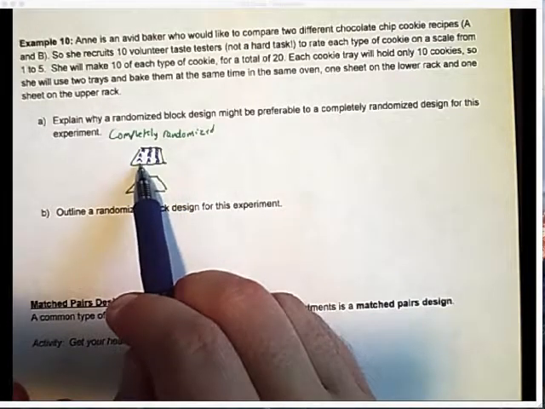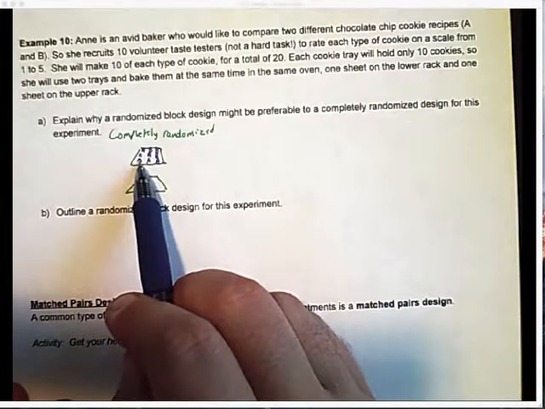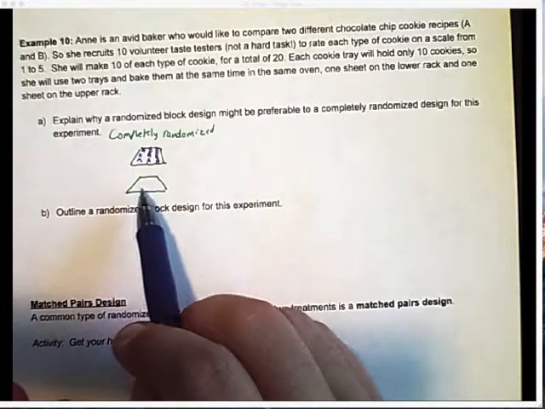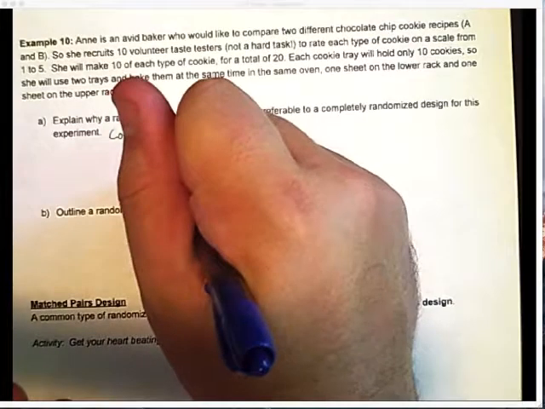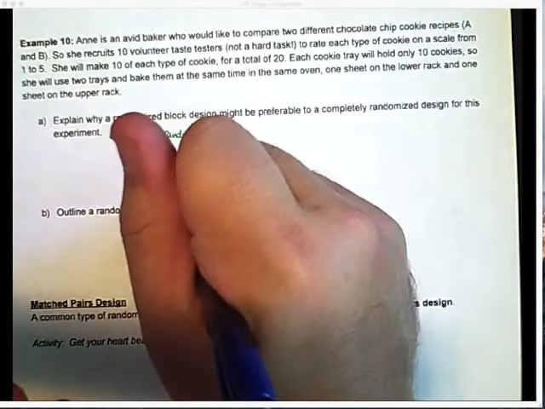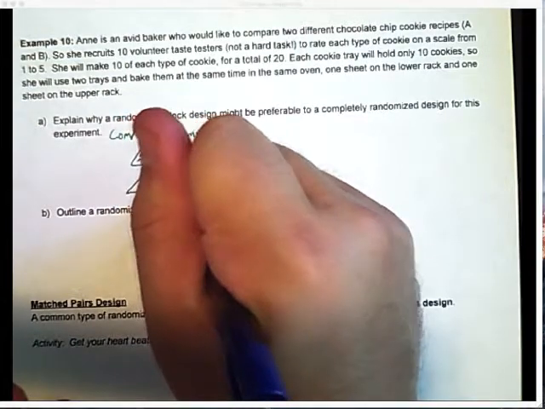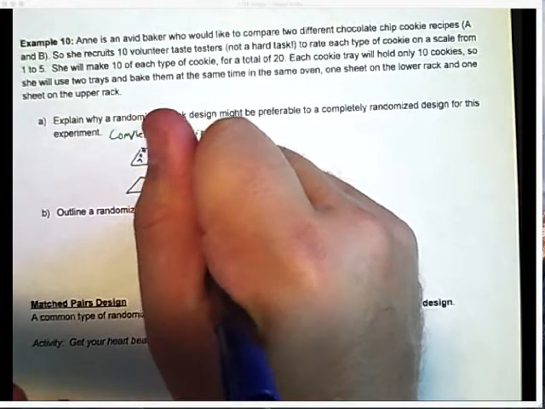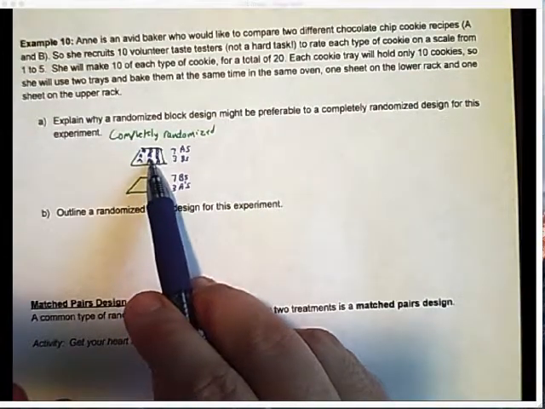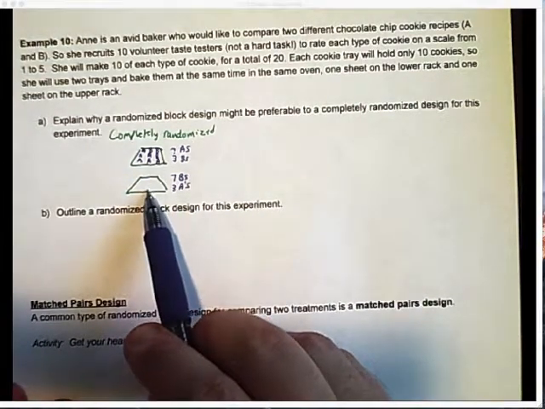If it comes up heads, we'll put A there, and if it comes up tails, we'll put B there. If we do completely randomized, you could have like 7 A's on the top shelf and 3 B's, and then on the bottom shelf, you would have 7 B's and 3 A's. But the location where they are might affect how cooked they get, which might affect the taste.